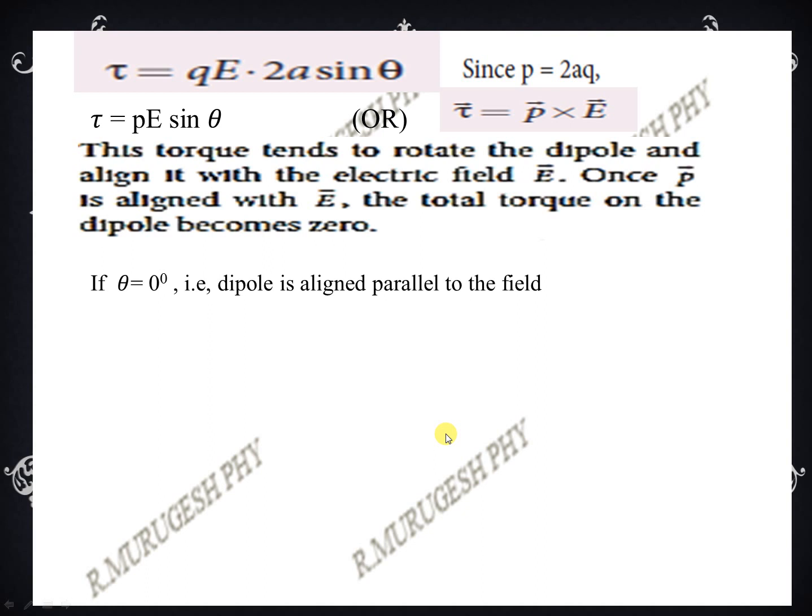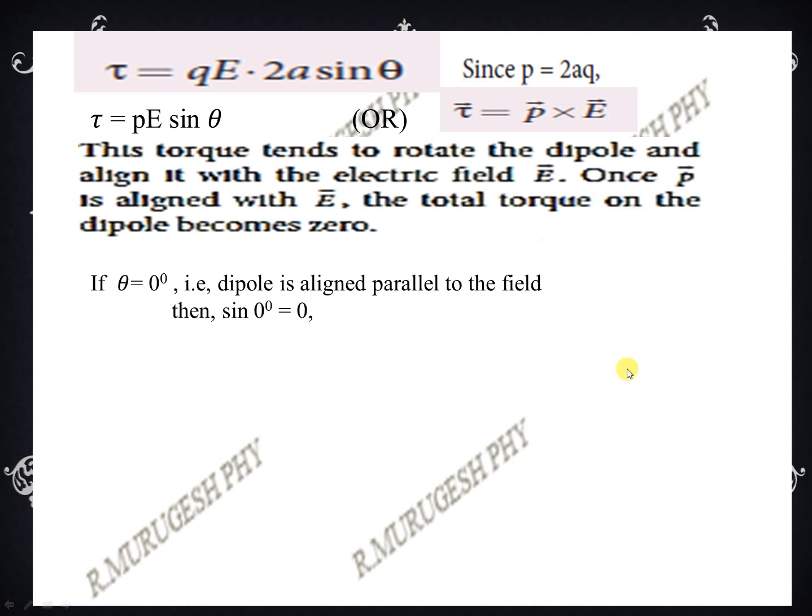Now for different angles, let us see what will happen to the value of torque. If theta is 0 or theta is 180 degree, naturally the torque will become 0 because sin theta will become 0. Sin 0 is 0, sin 180 is also 0. Theta 0 indicates the dipole is aligned parallel to the field.